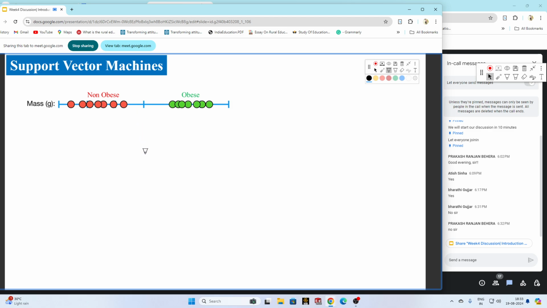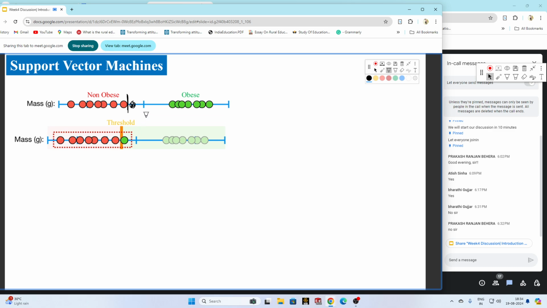Now, how to separate the two classes, that is our aim. We can have a threshold. If I put a threshold somewhere here, I can separate the two classes of data, that is non-obese and obese. Now if a new data point comes somewhere here, we will term it as obese.